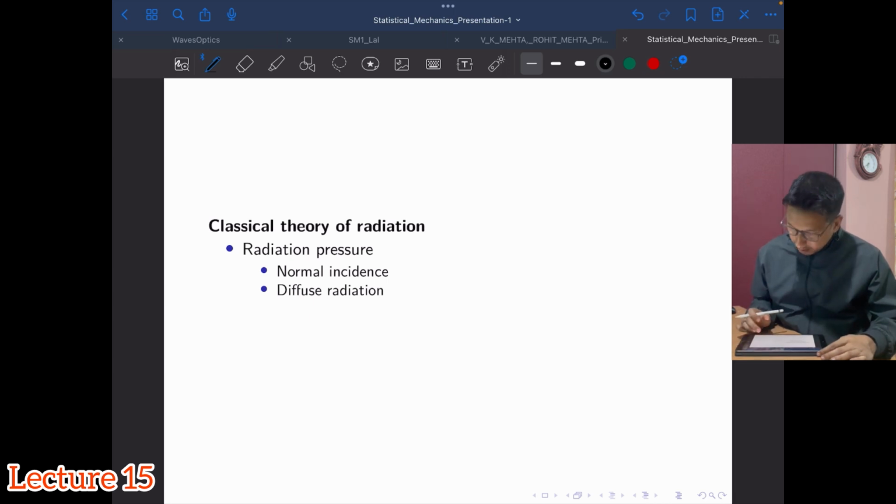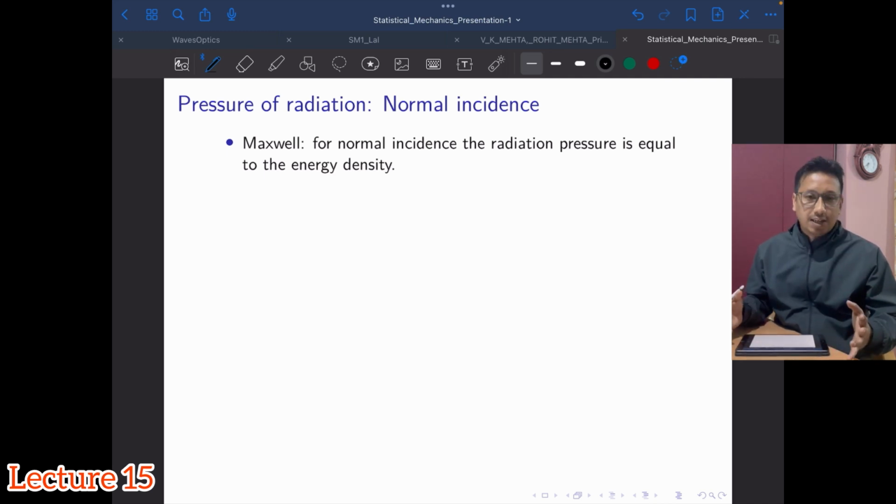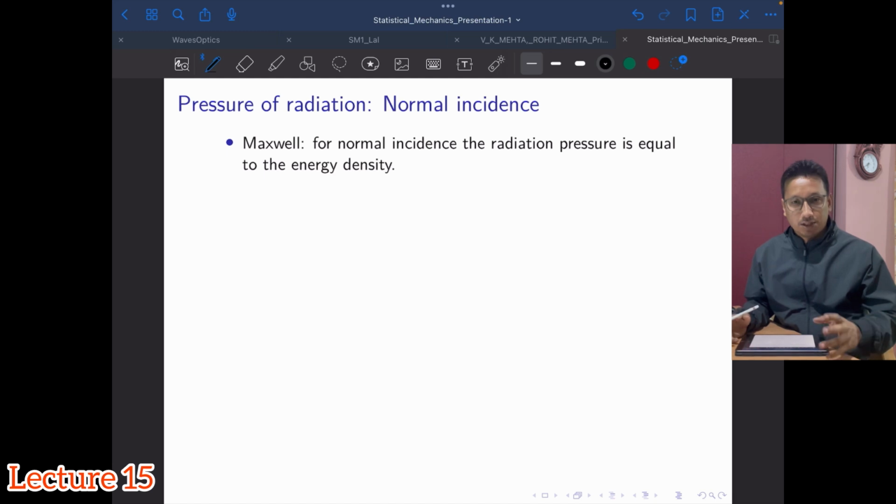Let's start the discussion. It is well known from the theory of electromagnetic radiation, which Maxwell developed in the late 19th century, that light consists of waves. That was the theory at that point of time.